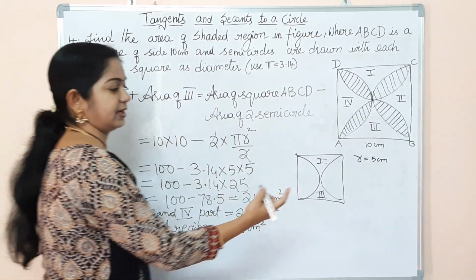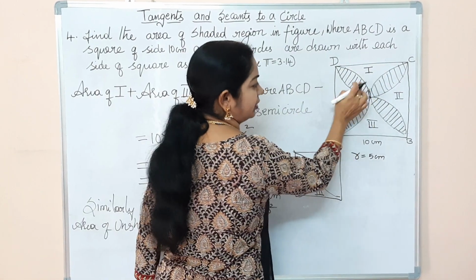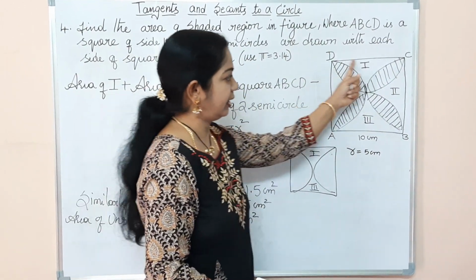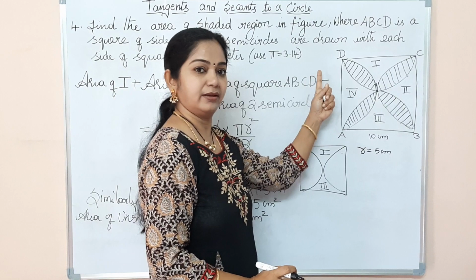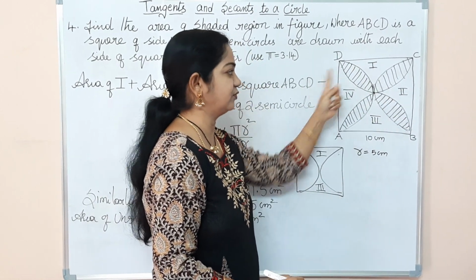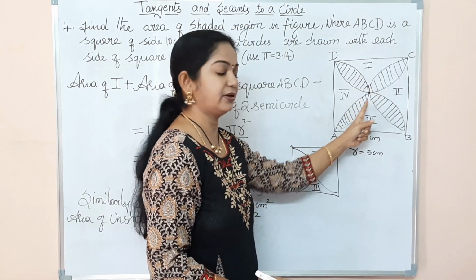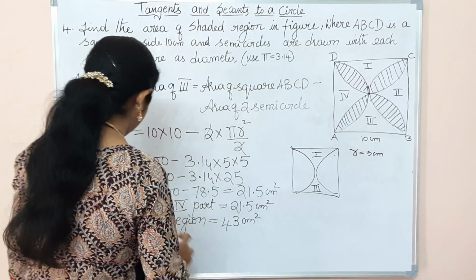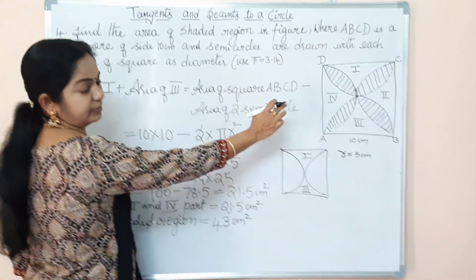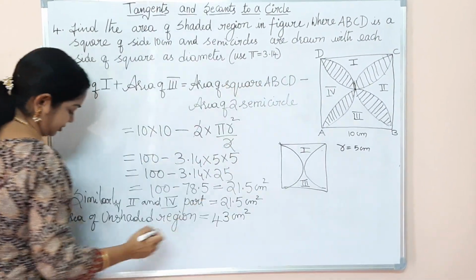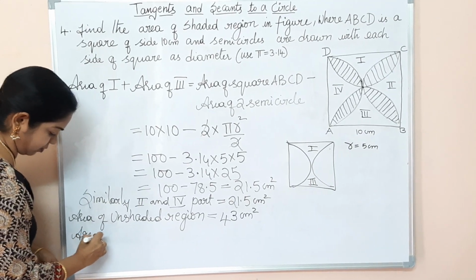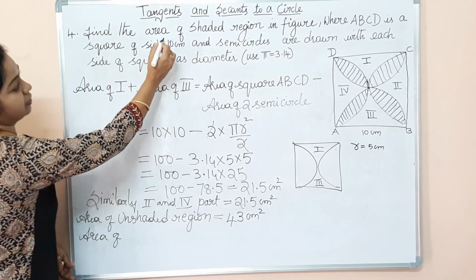And see once again, I want the area of the shaded part. So the area of the square minus the area of the unshaded part. If I take these 4 out, you will get simply the area of the shaded part. So here, area of the unshaded part we got. I have to minus it from the area of the square. So we will get the required area. Area of what is given?